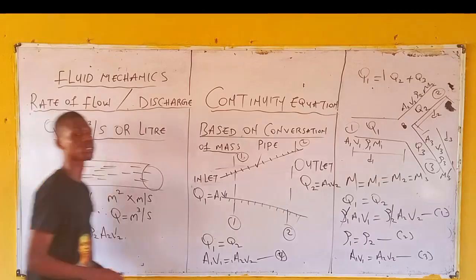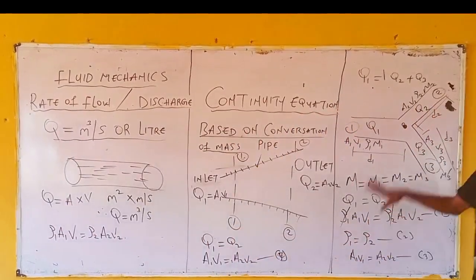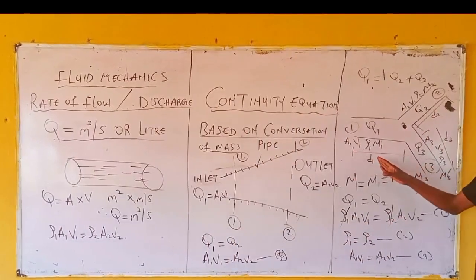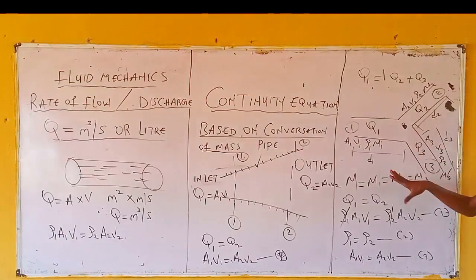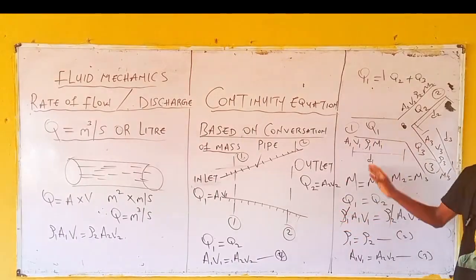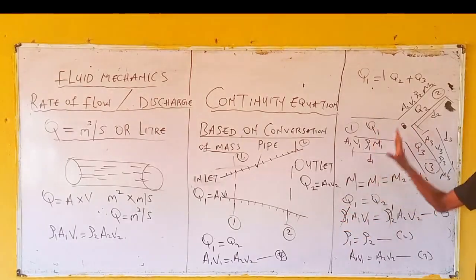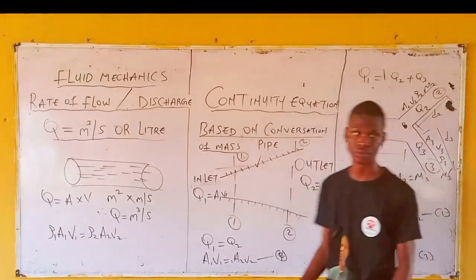That's what it means. Mind you, the other parameters, like diameter and mass, follow the same idea: the parameter of the first section is equal to the parameter of the second section. Do you understand what I'm saying?